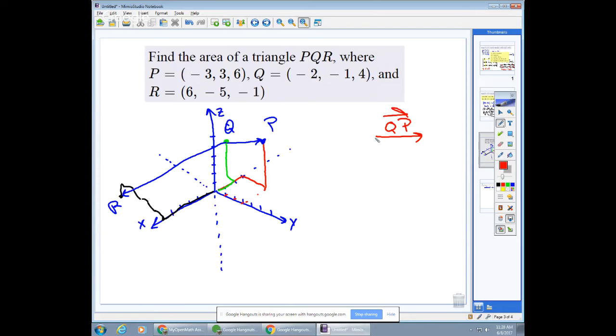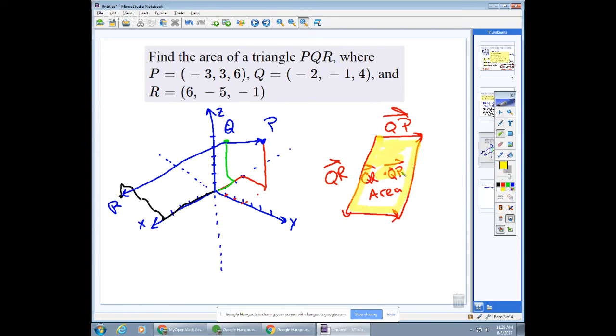And then I'm not sure about the angle in between, but say that vector right there is my QR. What the dot product does is it pretty much creates a parallelogram based on those two vectors, and the dot product of those two, QR dotted with QP, is going to give me the area of this parallelogram.